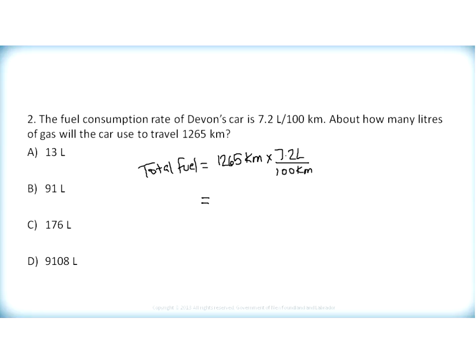So we put in 1,265 times 7.2 divided by 100, and we get a value of 91.08, or 91 liters. So for 1,265 kilometers, the car will have burned 91 liters.